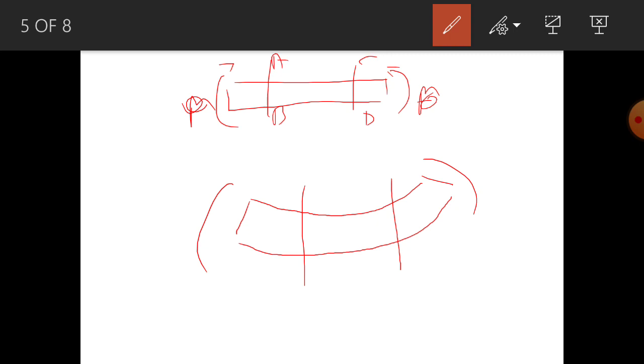That surface, the centroidal axis or the CG, is called the neutral axis surface. That layer will be called the neutral surface.